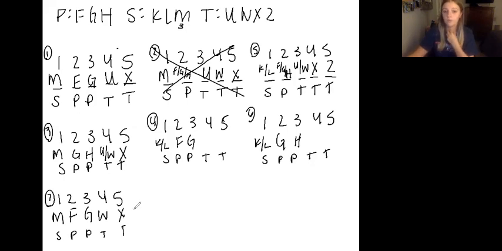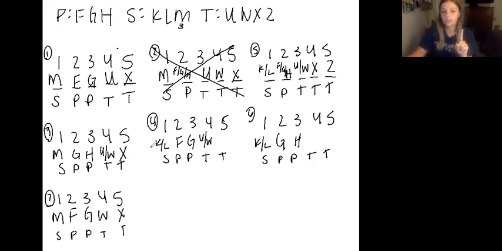Okay, moving forward to my 4th world. So this is where it's going to get a little bit tricky because we don't have to worry about Z because we're not having M in this world. So all of my 4 variables as T's are still players in this game, basically. So we can't have U and W both be selected. So we're either going to have one or the other or none.